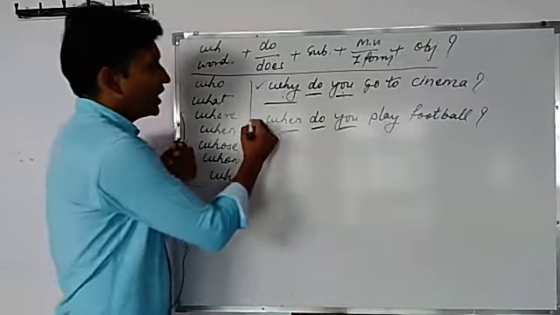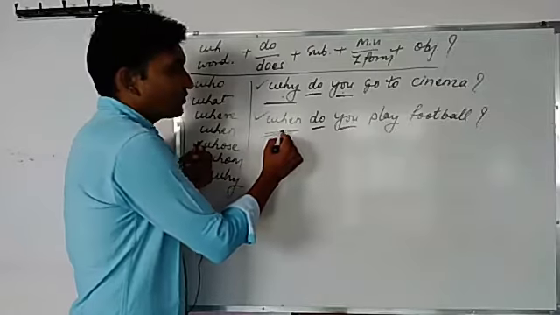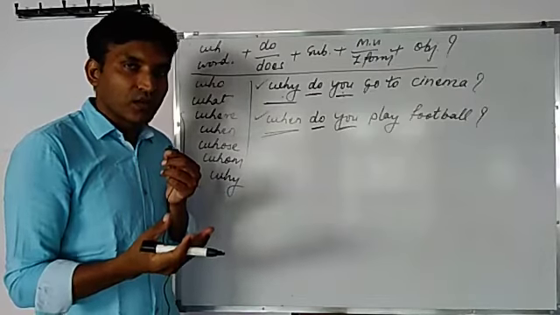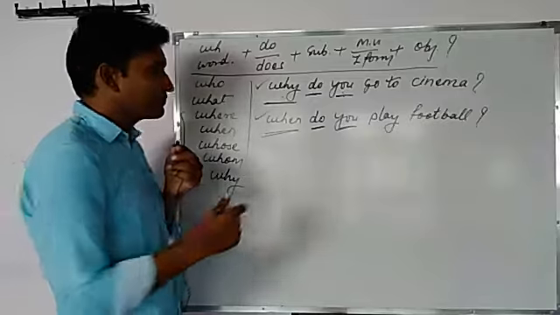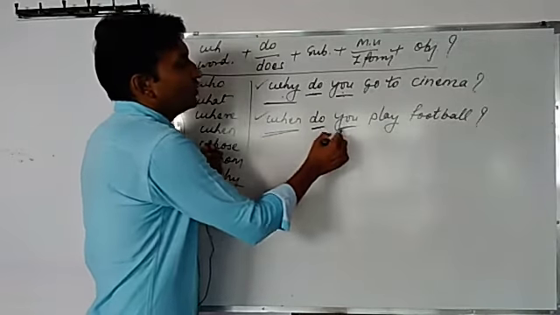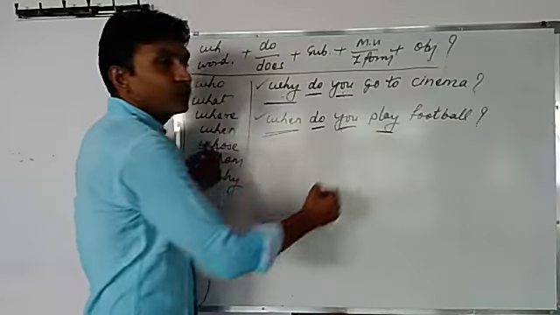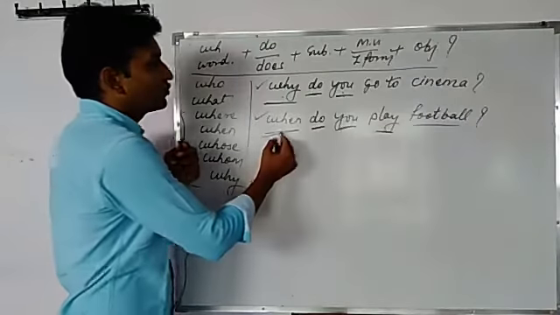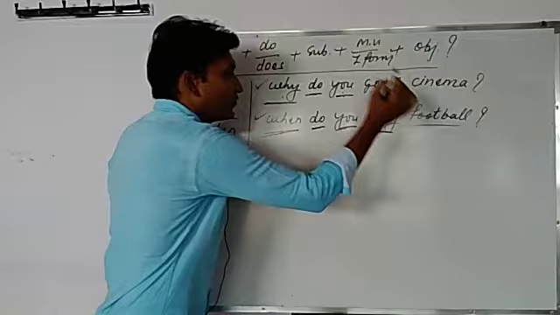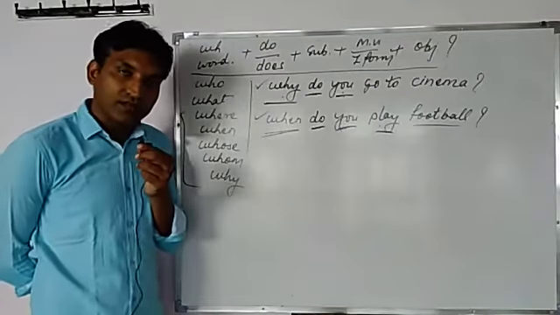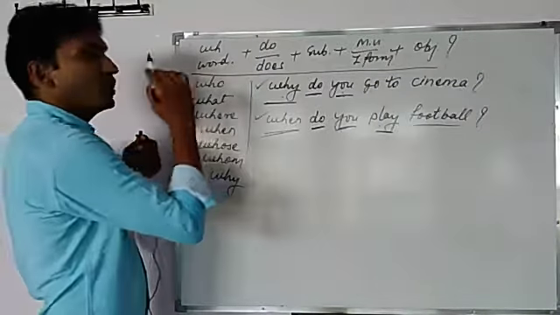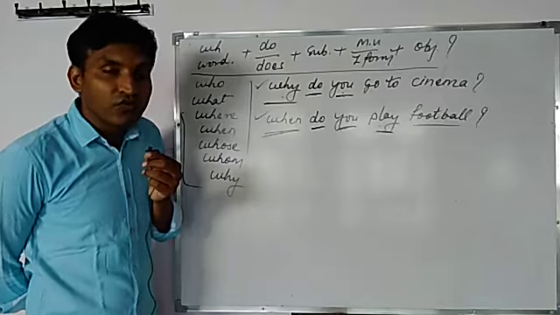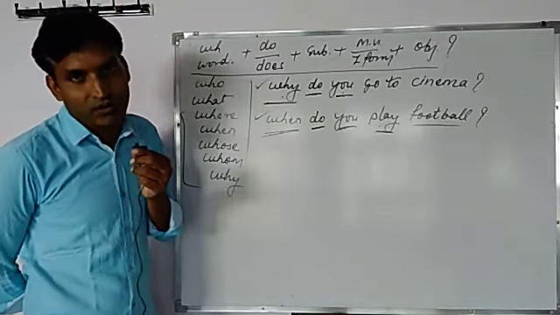Okay, so when is used here. So when always shows time, or when is used to ask for the time. So when do you, then the main verb of the first form play, and then the object football. So when do you play football? Is it clear? So this is the framing of WH interrogative sentences of present simple.